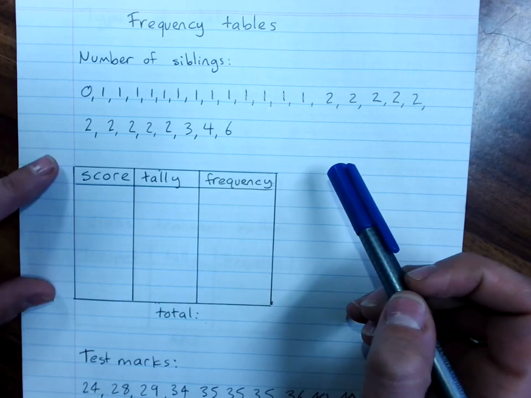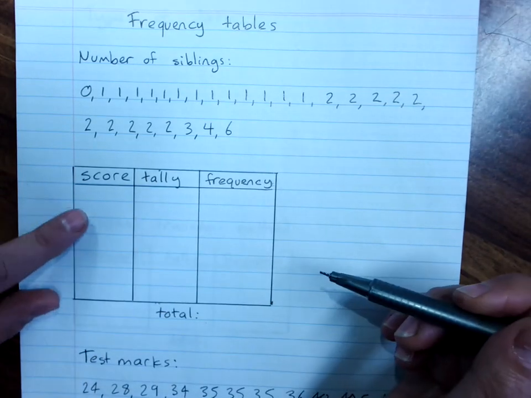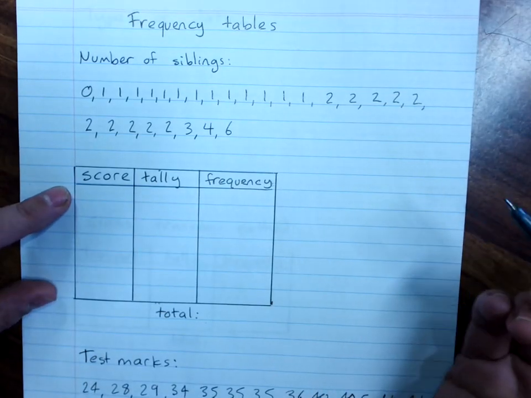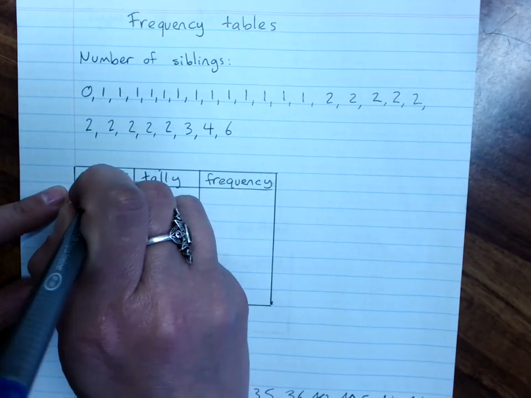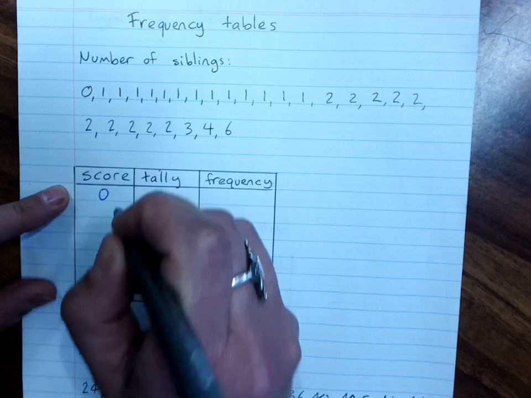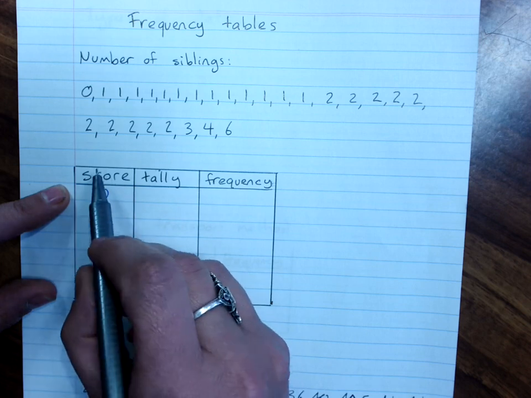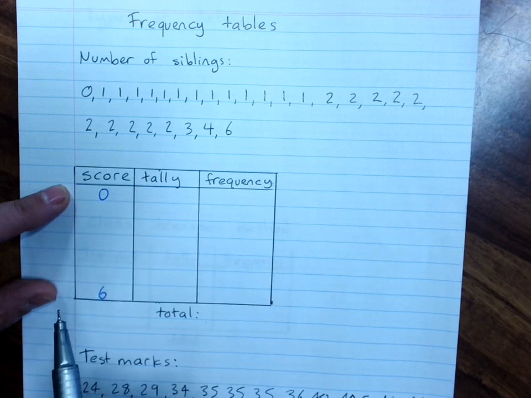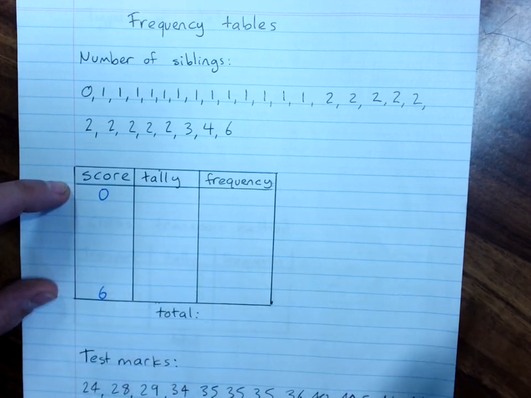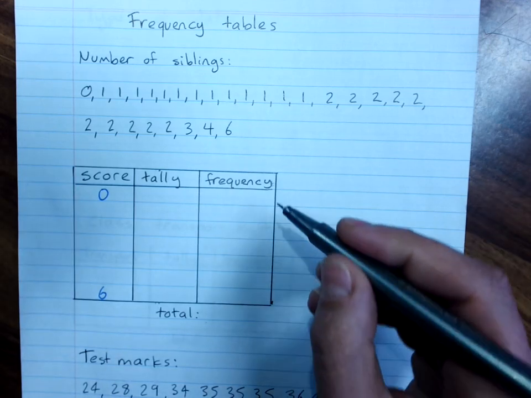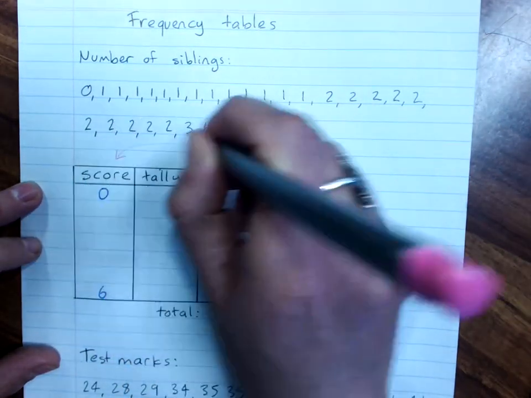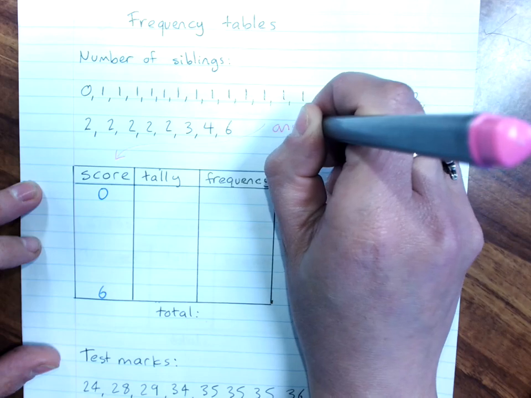When we make a frequency table, the different possible answers, ranging from the lowest answer that was given to the highest answer that was given, go in the score column. It's the first column, and so answers go here.